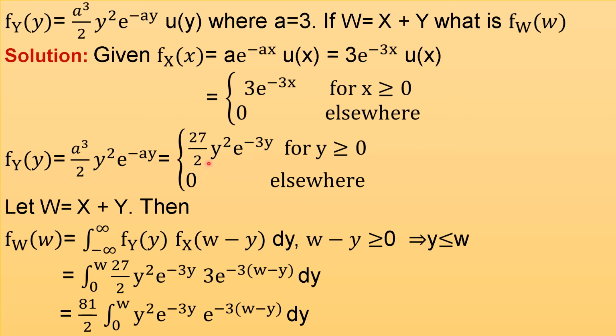27 by 2 into y square into e power minus 3y, into fx of w minus y, which is 3 into e power minus 3 into w minus y, dy. 27 by 2 into 3 means 81 by 2. The e power minus 3y and e power plus 3y cancel.